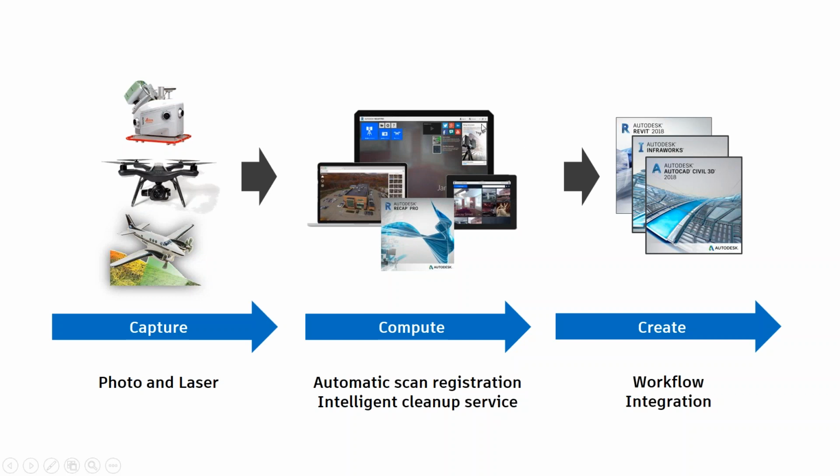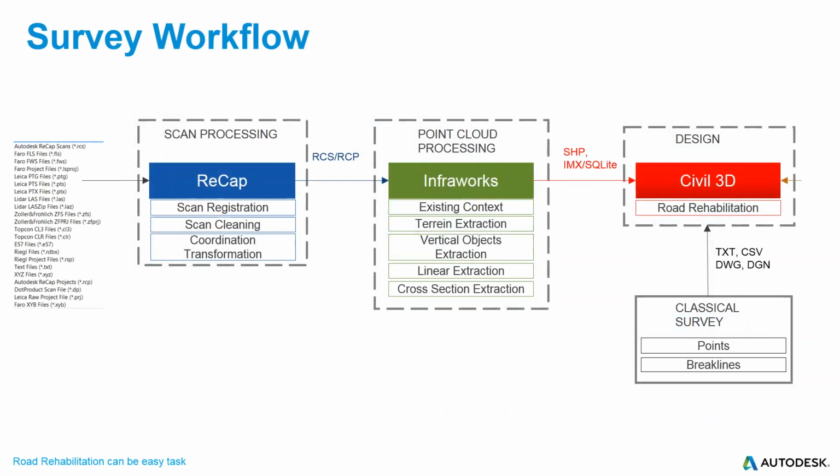Recap Pro will then produce the file format which is dedicated for our solution, and we can bring it directly to Civil 3D, to InfraWorks, to Revit, and all other solutions in our product portfolio. So this is the workflow, and let's have a look at how it can look.